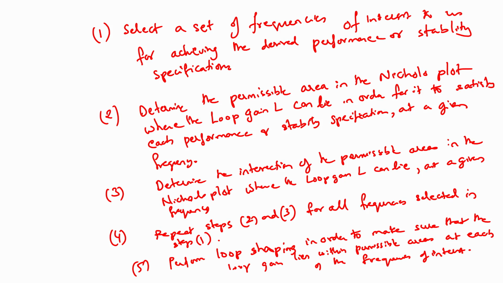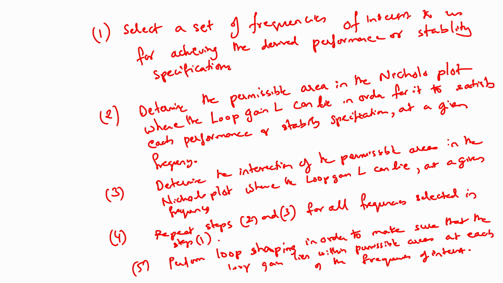So, these are the 5 steps that are involved in executing design in the Nichols plot. The first step is to select a set of frequencies of interest to us for achieving the desired performance or stability specification. The second step is that at each frequency that we have picked, we determine the permissible area in which the loop gain can lie for it to satisfy every one of these performance or stability specifications.